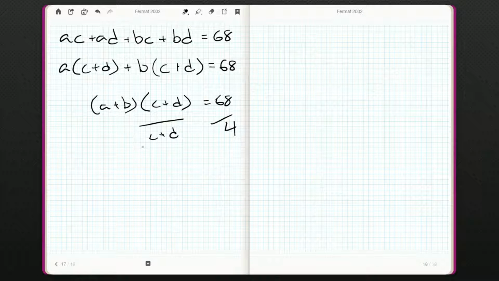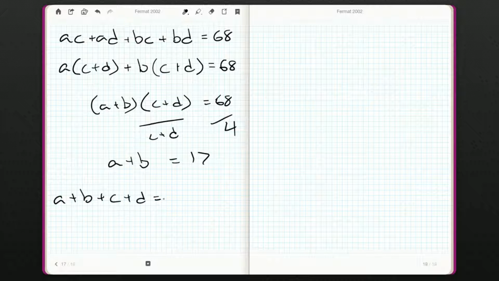But I can divide by C plus D, which is 4. And I'm going to be left with A plus B is 68 over 4, which as I already marked is 17. So the thing that I want, A plus B plus C plus D, is really just A plus B plus C plus D. And that's 17 plus 4, and that's 21.